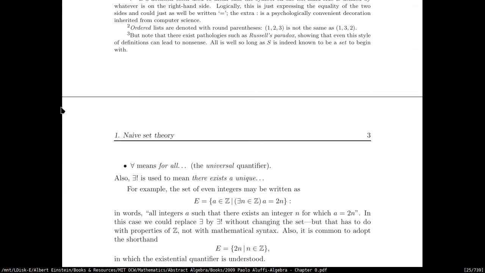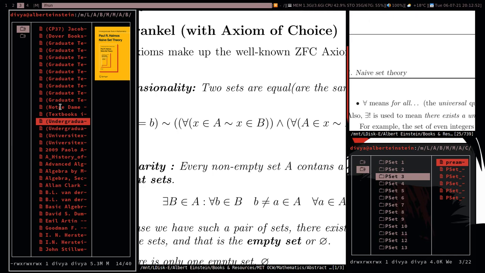No, I thought it would be here, but it isn't. Okay, let me get back to my set theory notes.